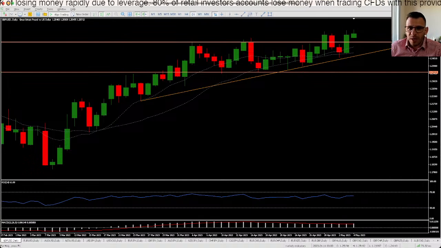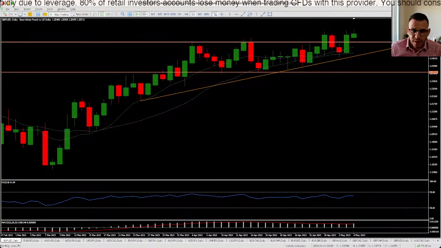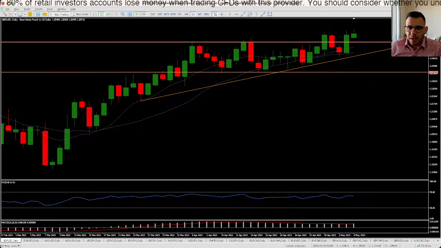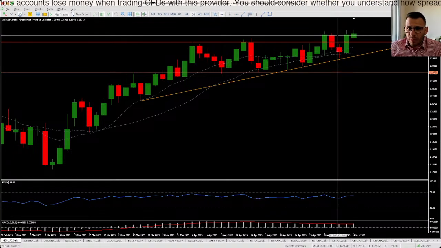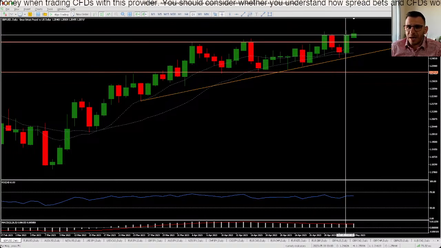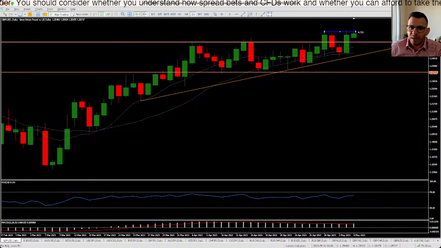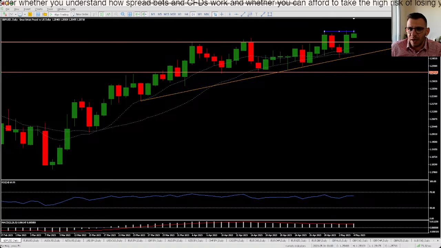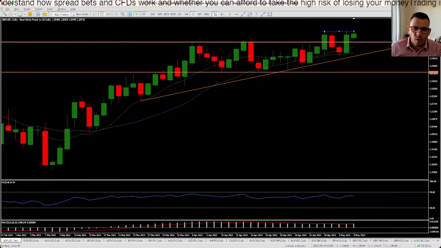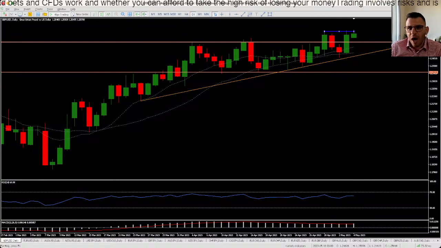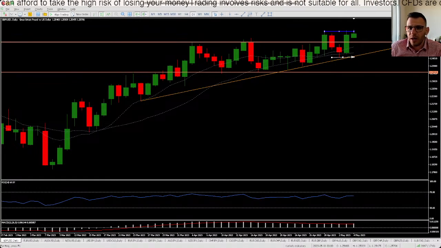The trend is up. We had this ascending triangle, as I commented lately. We broke above this resistance, but we do still have a minor area of resistance here. And of course, if we are bullish, we have our stop loss somewhere below this low here.